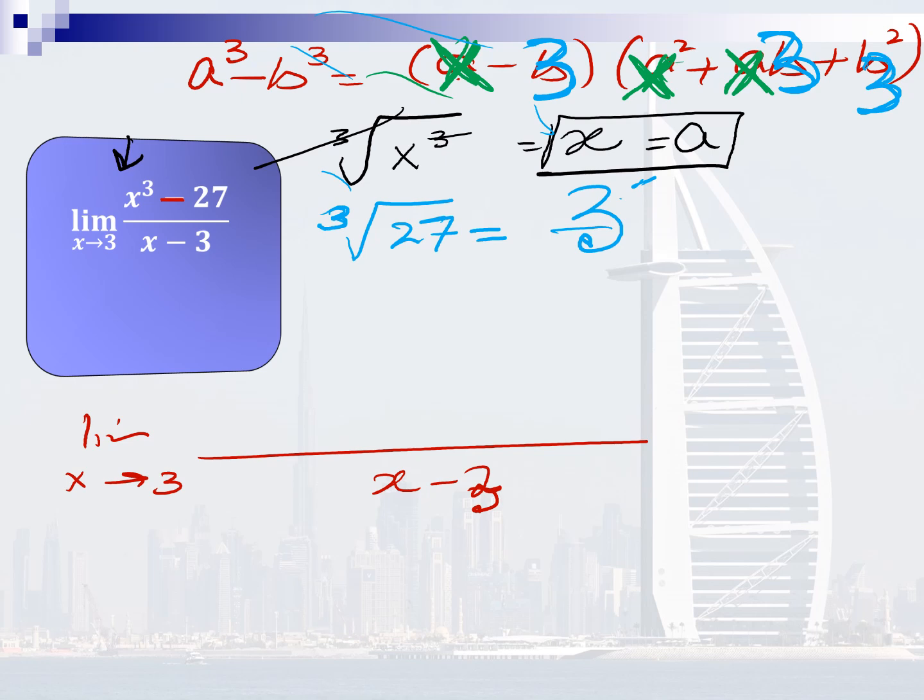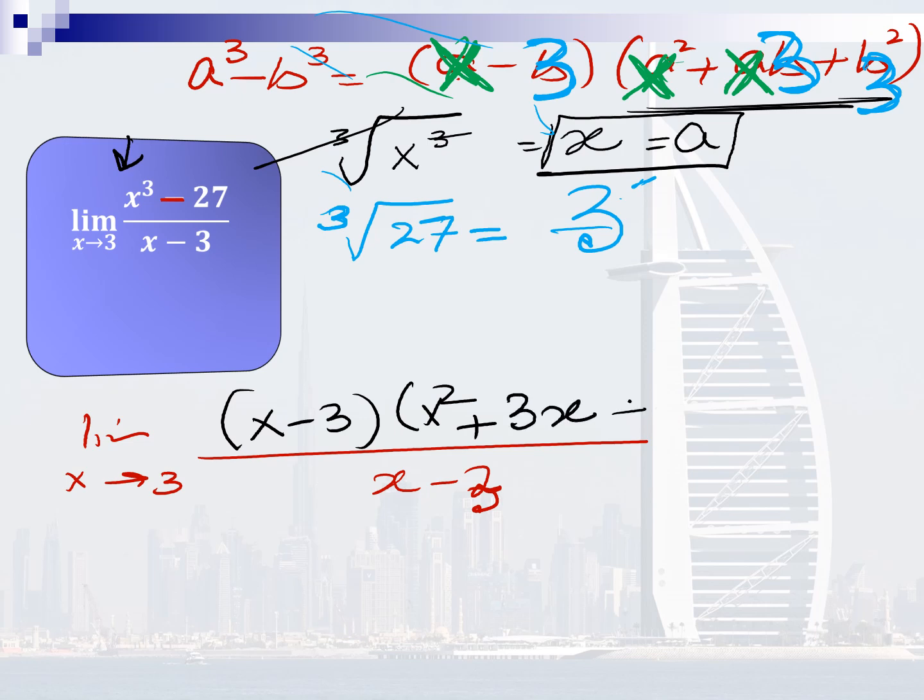So now write it down. What do we have? We have x minus 3 in the first bracket, and here is the second bracket, that is x square plus, rather than x3, we will write the coefficient and then the variable, 3x, plus 3 square. And what does 3 square mean? 3 square means 9.